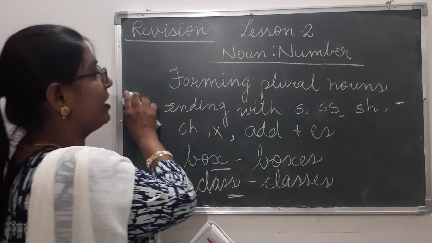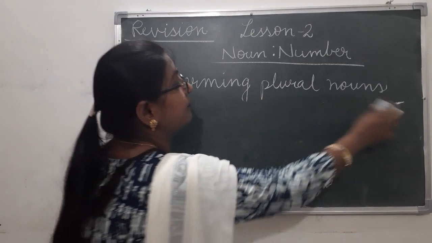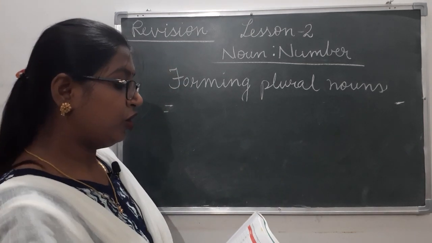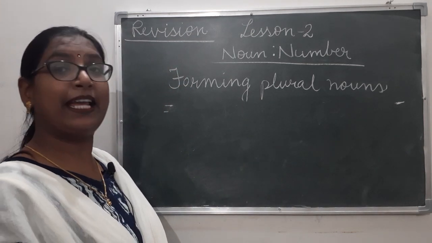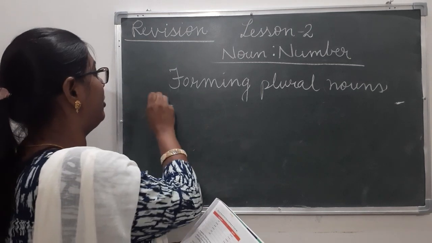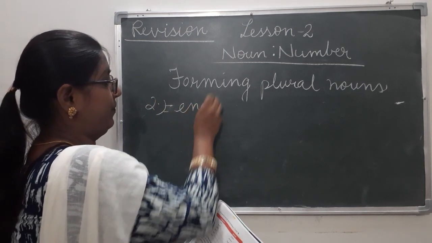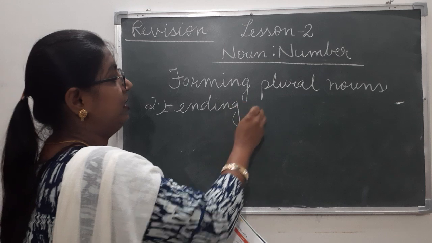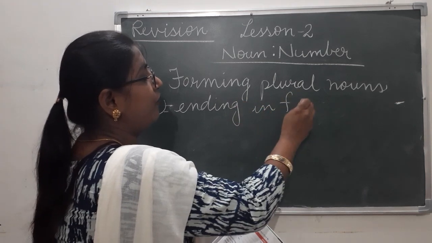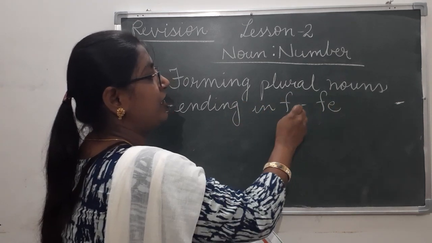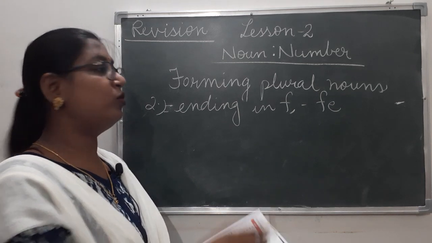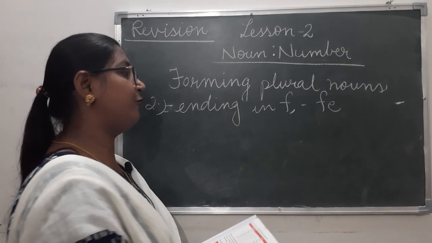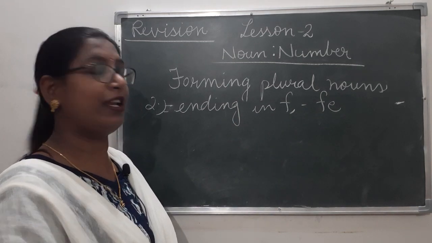The second rule is plural forms of nouns ending in F or FE. When the nouns are ending with F or FE, what changes do we make?